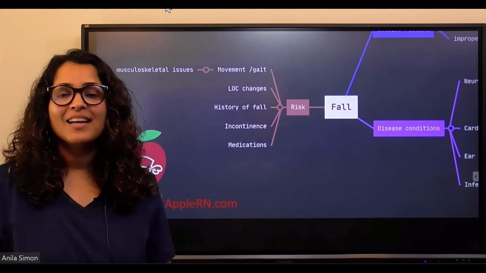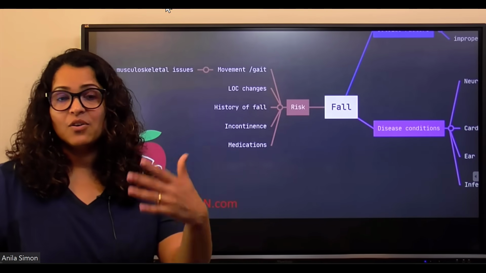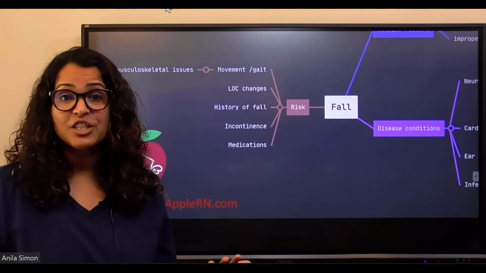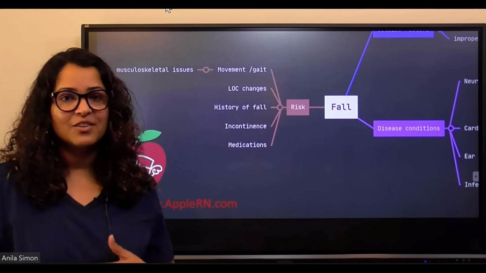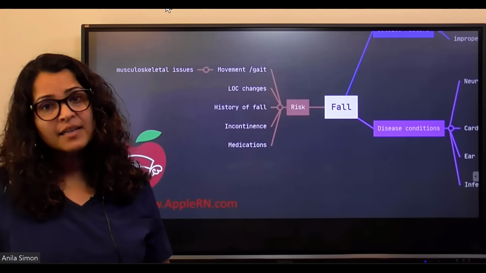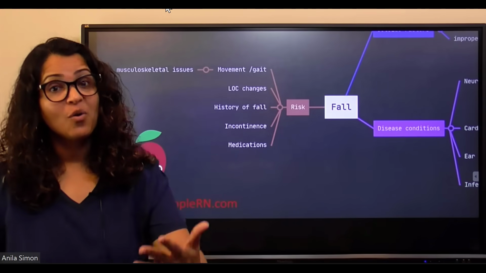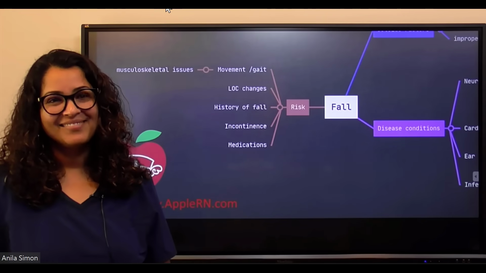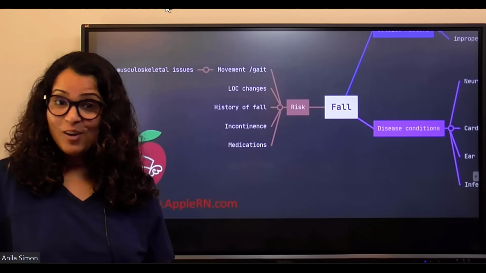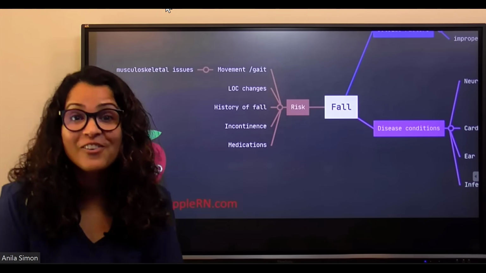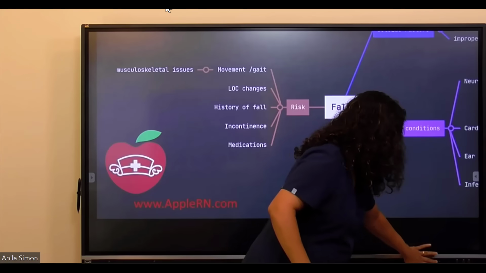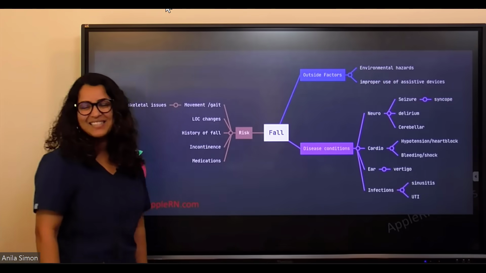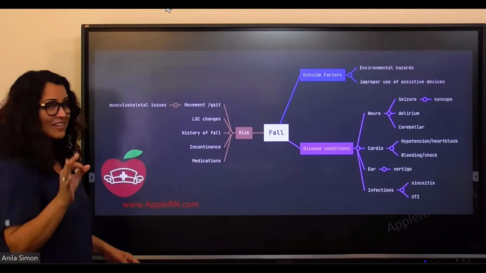Medications, where they might be dizzy or have side effects which make them sedated or confused or weak, those things can add on to the risk of fall. Well, now you know all the risks of fall and what to do in one place here. This map is going to help you. So that's really good information for you.